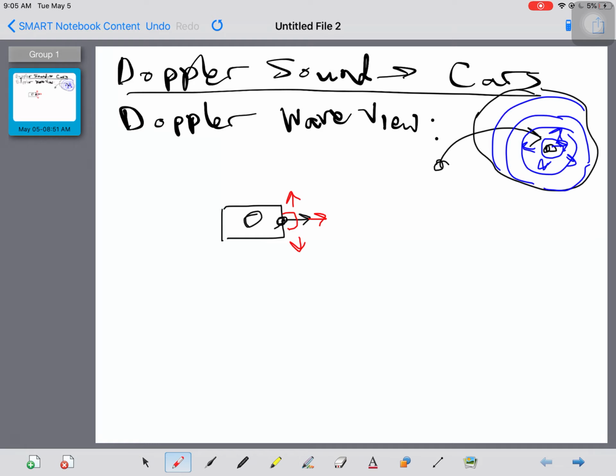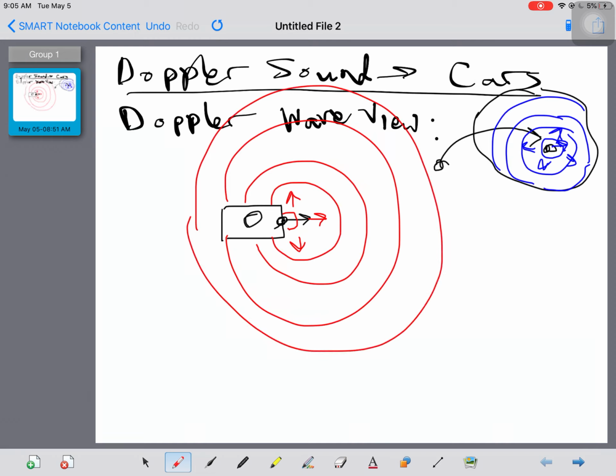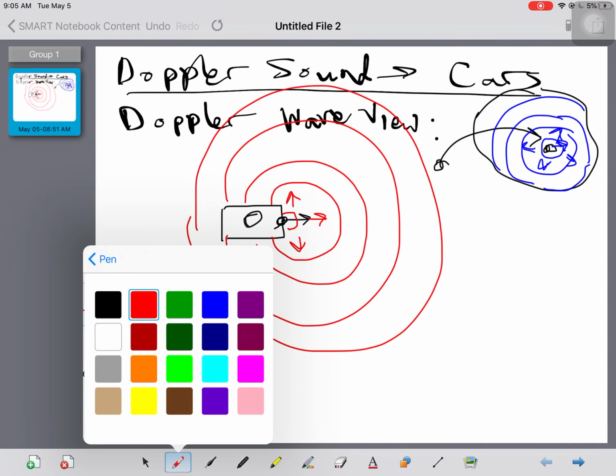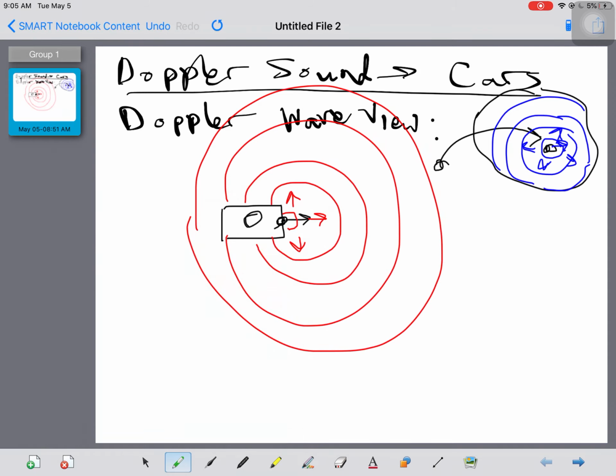So now, a second later, you have this pattern, a second later, you have this pattern, a second later, you have this pattern. And so these just keep spreading. And so no matter where you're standing, like Mr. B is over here on the side of the road, let's say the road was this way. Mr. B was standing over here with the camera listening.